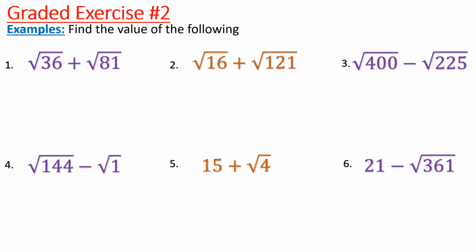Number 5. Okay. Do you understand what you're doing? Yes, sir. Okay. Once you finish with your work, Daniel, take a picture of it and send it to me via WhatsApp.